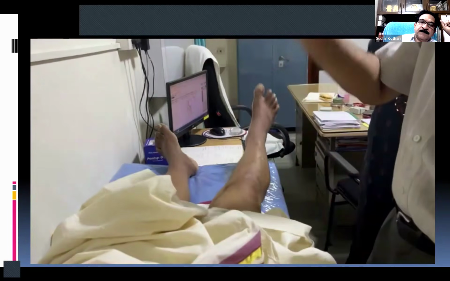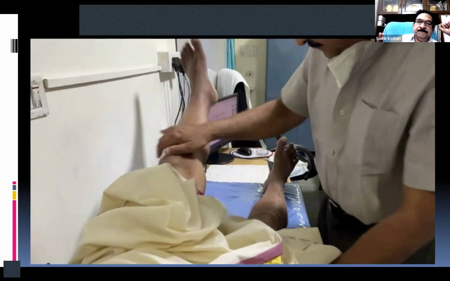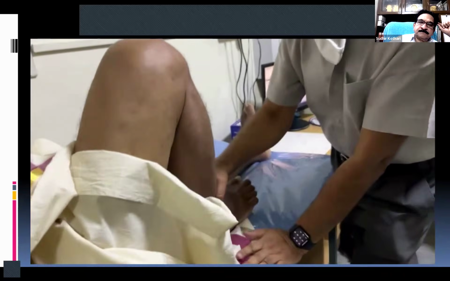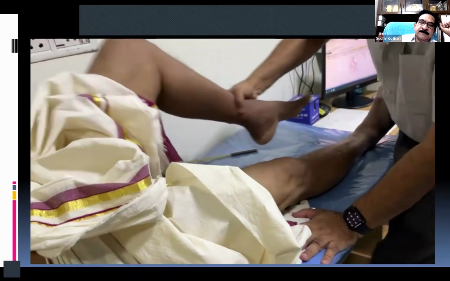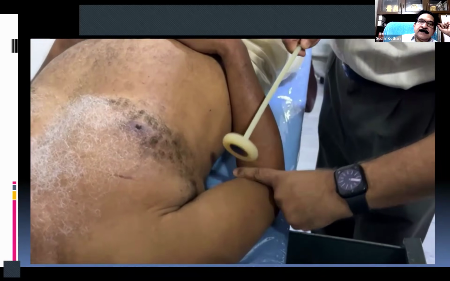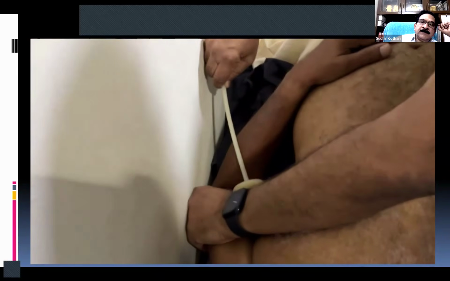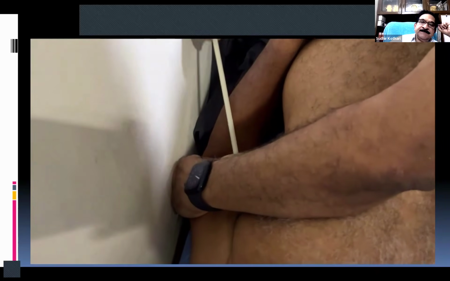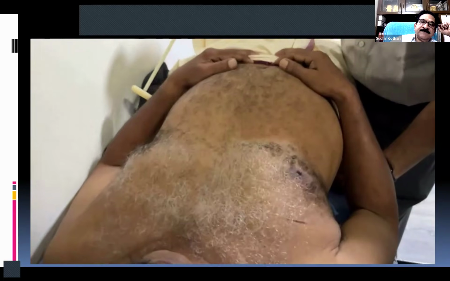Lower limb power is normal. Reflexes: biceps normal on the right side, left side is absent. That is the affected side. Supinator also absent on the left side.